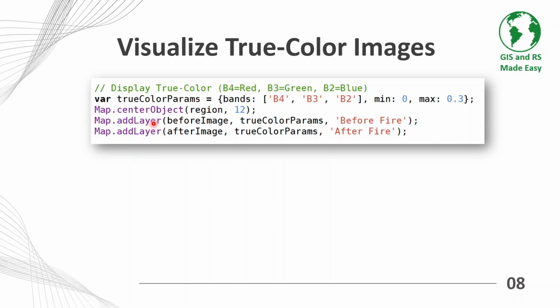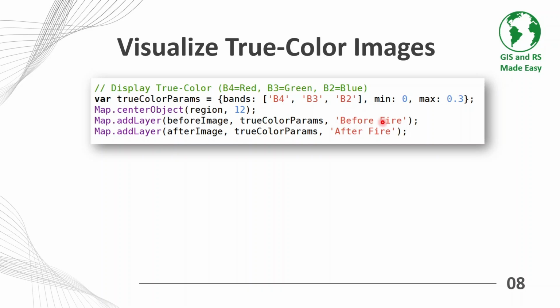Then let's add those layers to our map. So let's do it using the add layer function, Map.addLayer. Then we use the before image and the visualization parameters that we have written here. We pass it to the second argument, and then the third one is the name. We can write anything.